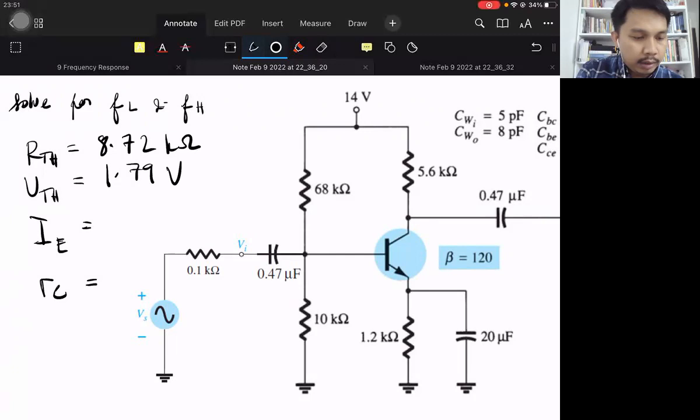This is IB times 121. Where was I? Solution.